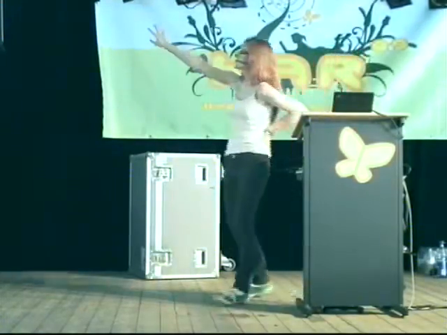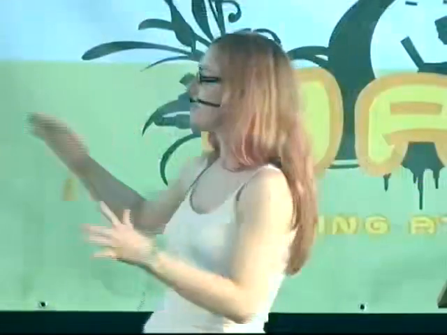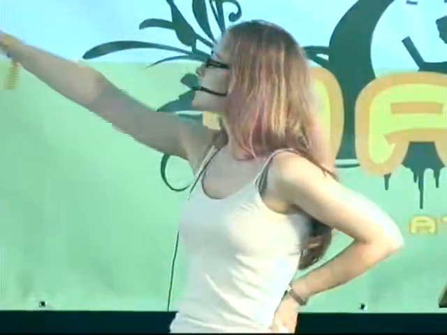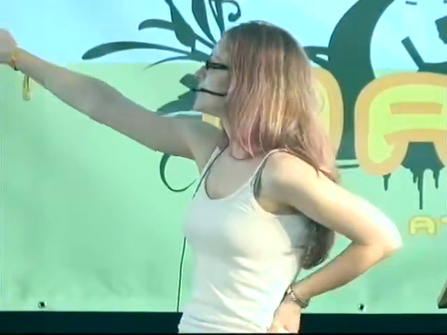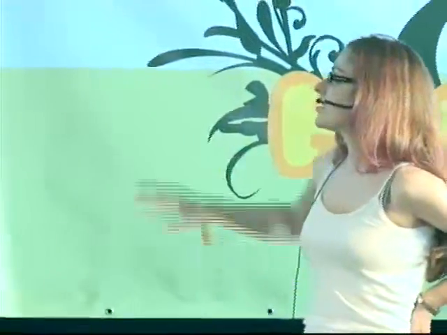So there's that same velocity, which we derived in the last two slides. This shows how you go from the circular flight path into a spiral flight path. If you look at that first bulleted equation, you see that the velocity is in the numerator on the left side, radius is in the numerator on the right side. Q, B, and m are all fixed quantities.